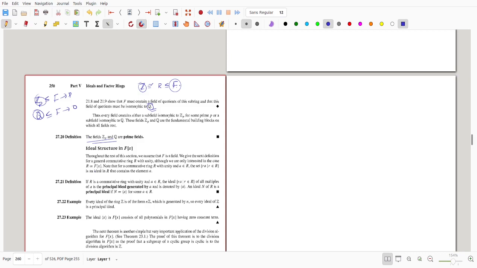Zp and Q are prime fields, because if you take any field, then either the characteristic is p or it is 0. If the characteristic is p, then it contains a subfield isomorphic to Zp, and if the characteristic is 0, then there is a subfield isomorphic to Q. In that sense we can consider these two as prime fields.